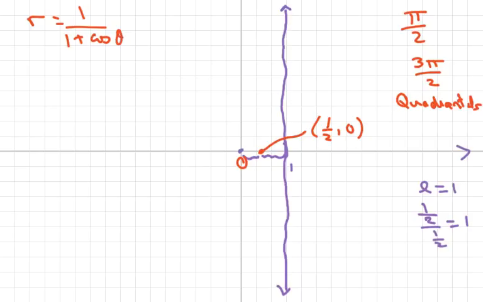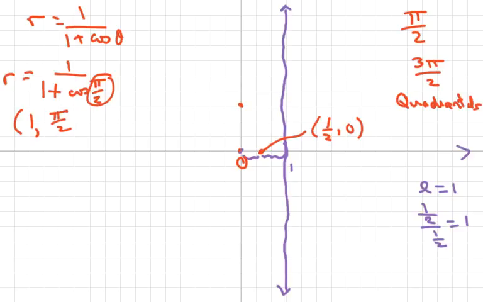When you have 1 over 1 plus cosine of pi over 2, well, that just gives you 1. So r is 1. So when r is 1, our angle was pi over 2. So basically, you just go up to pi over 2.